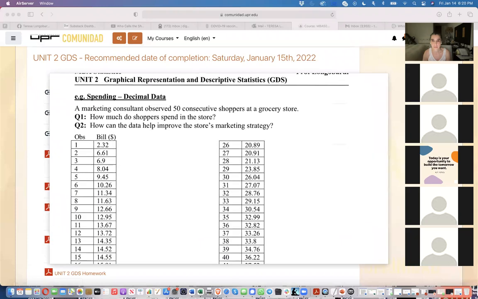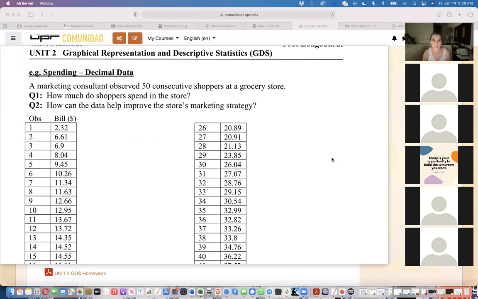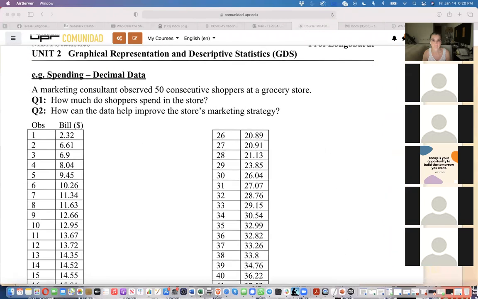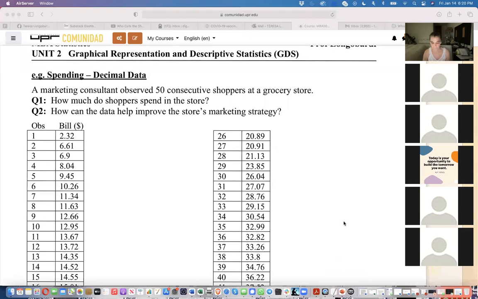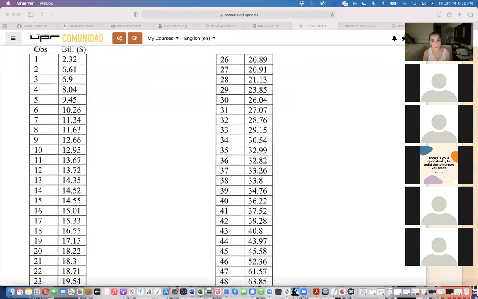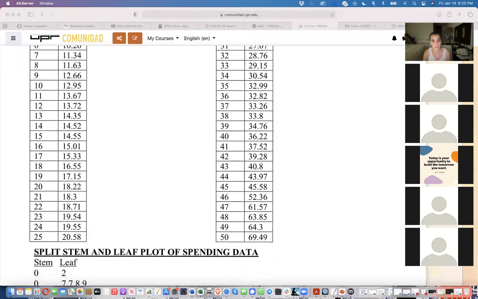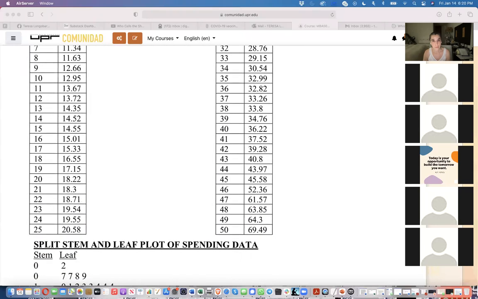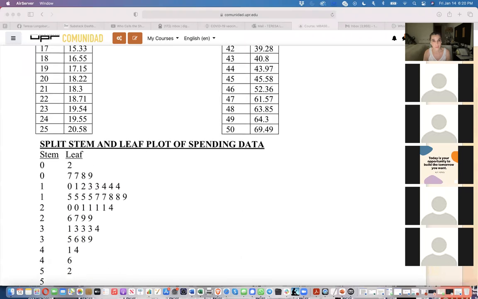Every time I change, it shrinks the display. Okay. Here you see all the spending. I put it in order and I made a graph here.